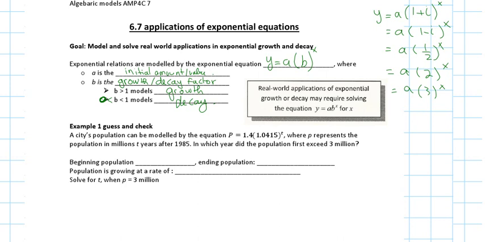Here's a question. A city's population can be modeled by the equation P equals 1.4 bracket 1.0415 to the power of t, where P represents the population in millions and t years after 1985.